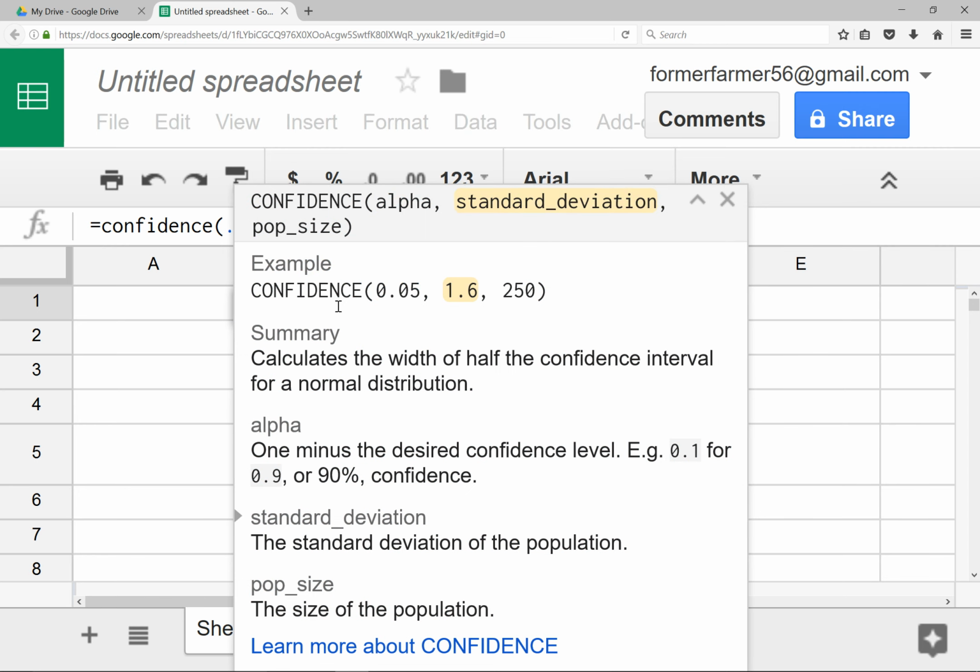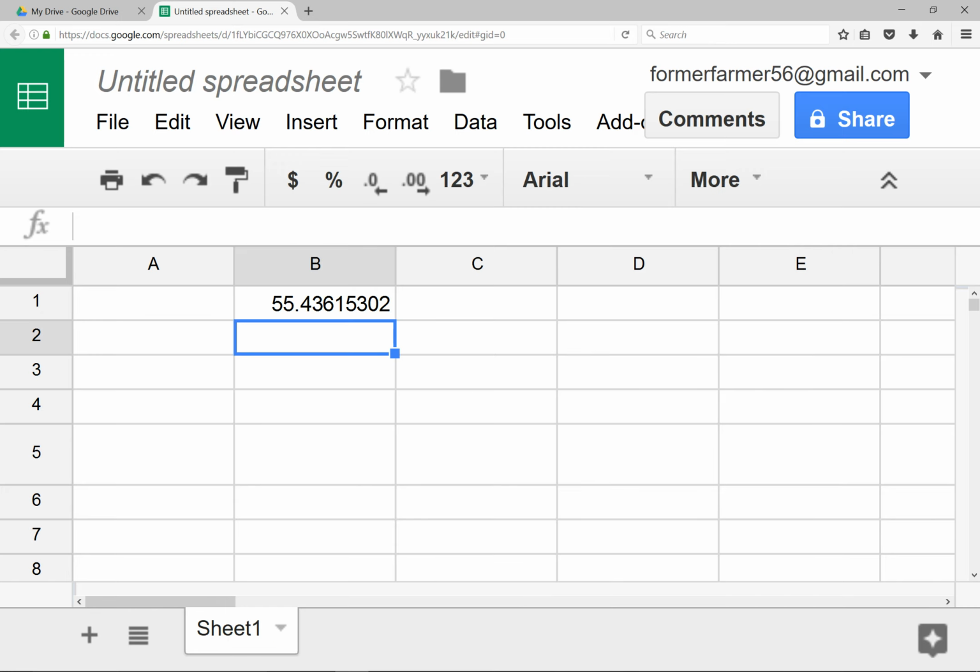Okay? Now, what does it want to know? It wants to know the standard deviation, which for the last one was 200, yes? And then it wants the population size of the sample size, which was 50. Yes? Hit enter. 55, that's the margin of error, yes?